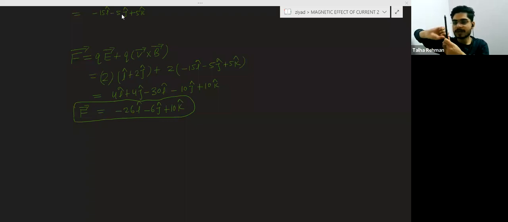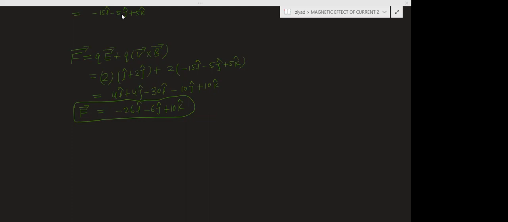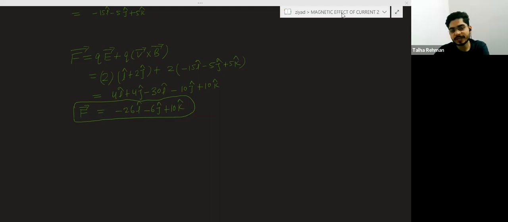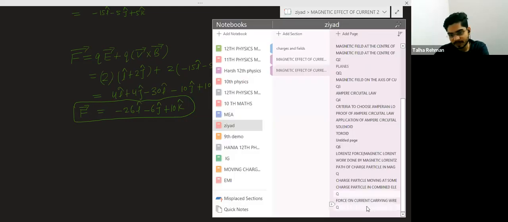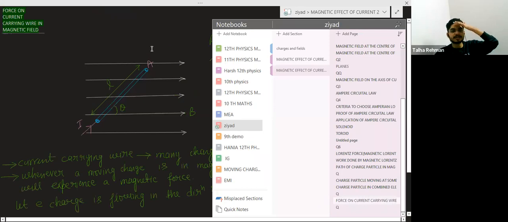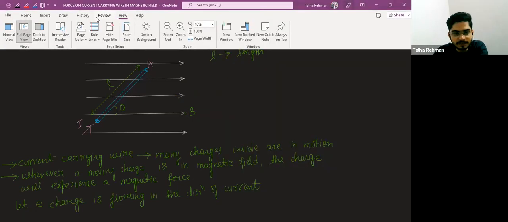If the direction of the current is upward, then the direction of the motion of the electrons will be downward. So you can imagine a current carrying wire as charge flowing in the magnetic field. As we have placed the wire in the magnetic field, there will be some force on that.